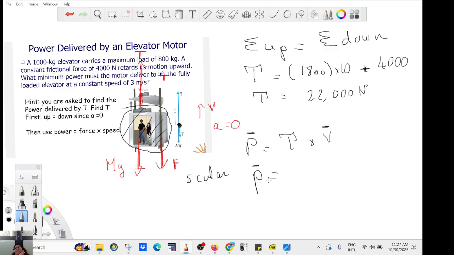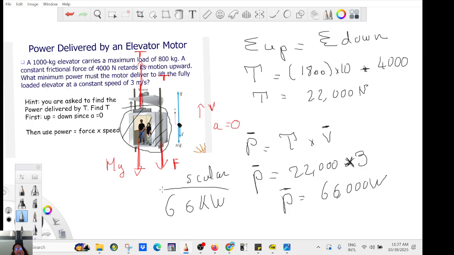I mean, you could if you are losing. So it will be 22,000 times 3, which is 66 kilowatt.